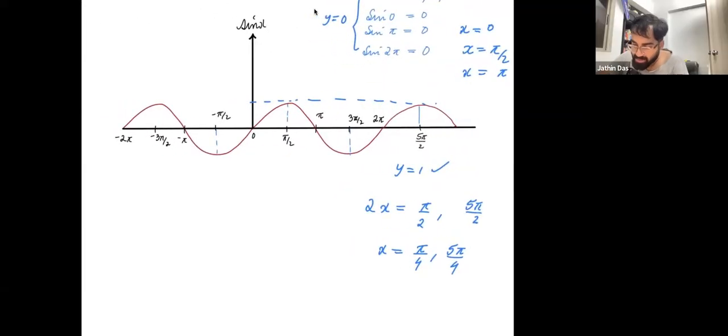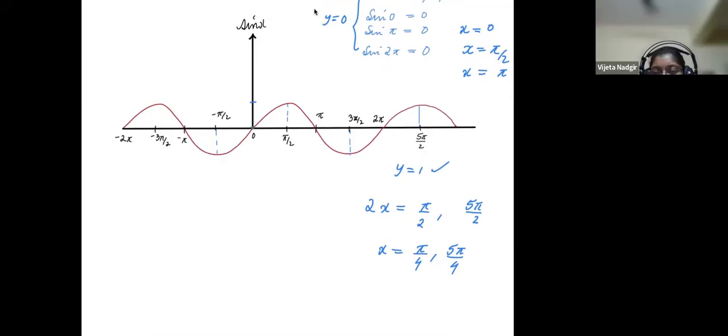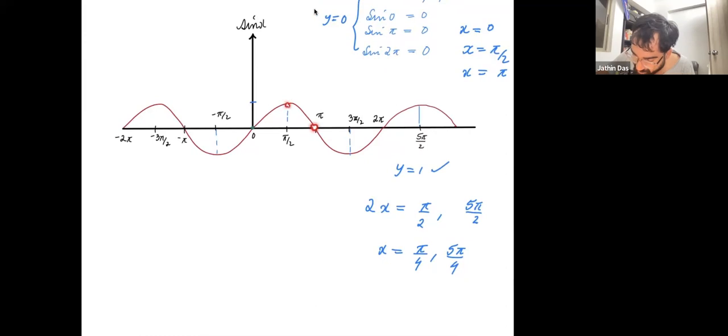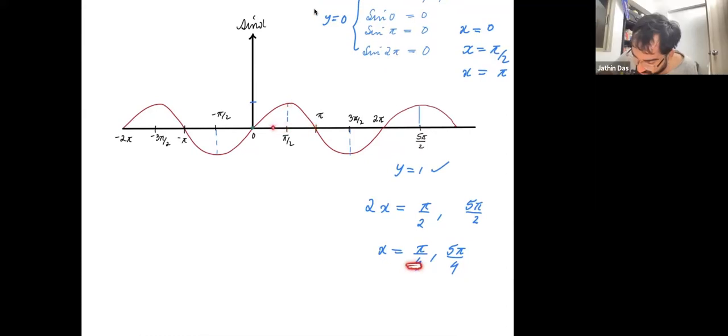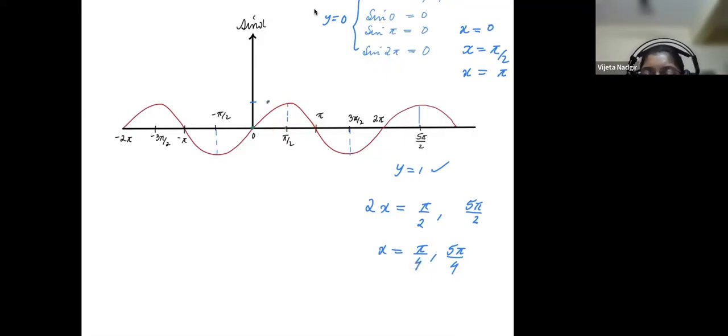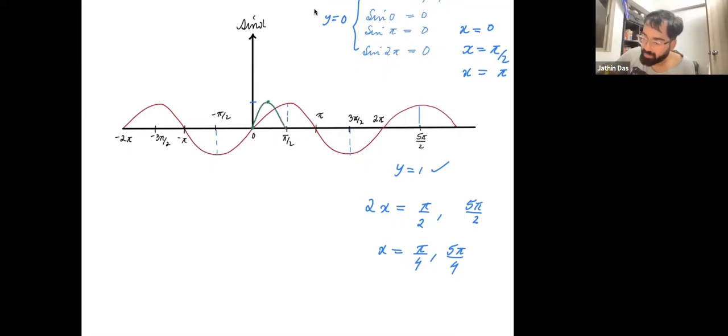Let us try to see how it will come in the same graph. It will be easier to understand and imagine. So at 0 it is 0. Correct? At pi by 2 it became 0 here. And pi by 4, which is 45 degrees in between, it became already 1. You can imagine that?